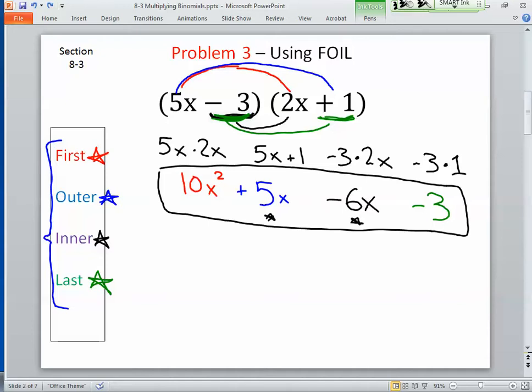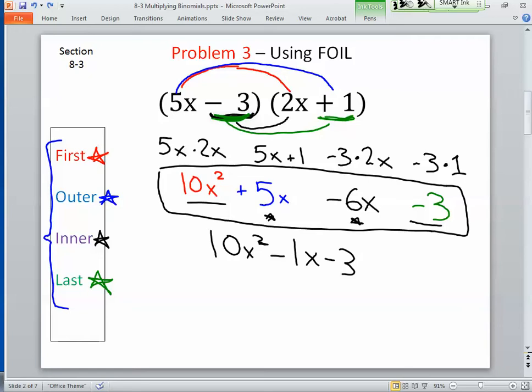And I can see that's true this time because both of those are just x to the first powers. So when I come down to simplify, I'm going to combine positive 5x and a negative 6x will give me a negative 1x. Nothing's happening to my 10x squared right here, so I just bring that down just like it is, and nothing's happening to my constant minus 3, so I just bring that down just like that.